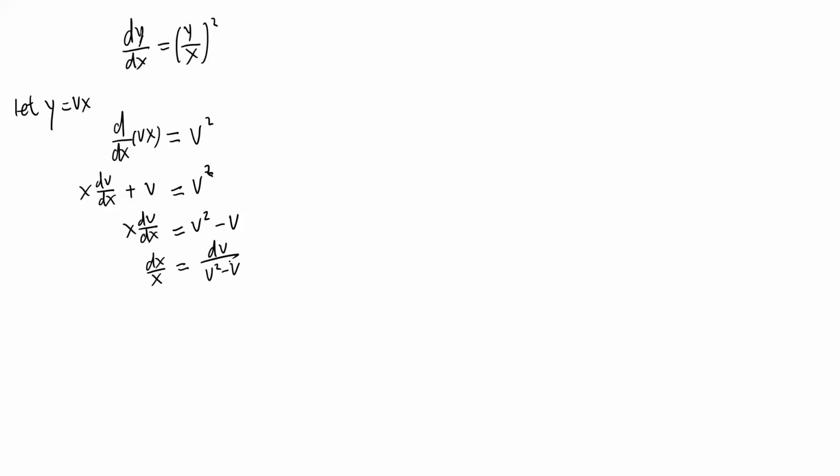How do I integrate the one on the right hand side? First, we want to decompose it into partial fractions, because notice that 1 divided by v squared minus v is 1 divided by v times (v minus 1), and this is actually 1 divided by (v minus 1) minus 1 divided by v.